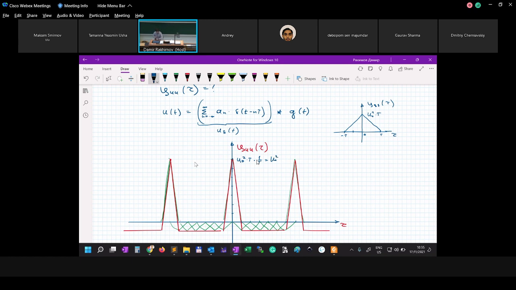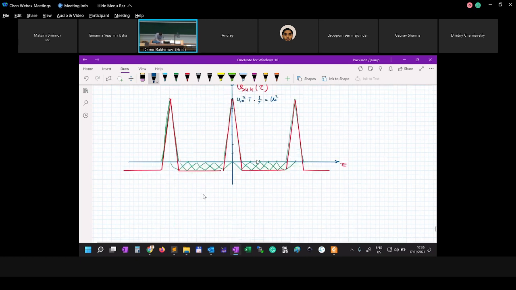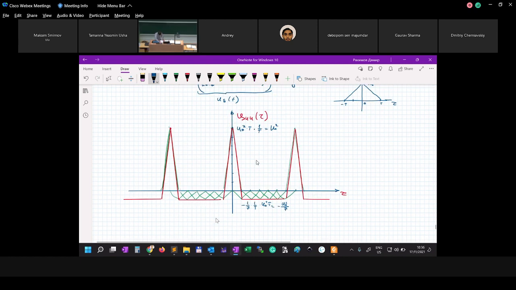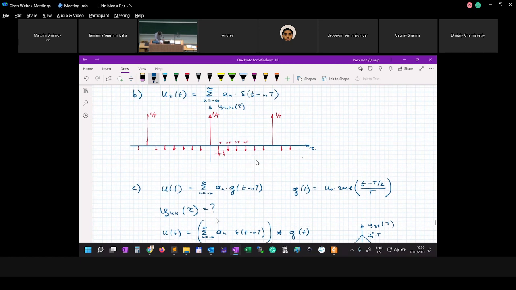Let's do similar calculations for the lower value, minus 1 over 7 times 1 over T times u0 times T. That itself will be minus u divided by 7. So that's it, and we get everything we need to find.